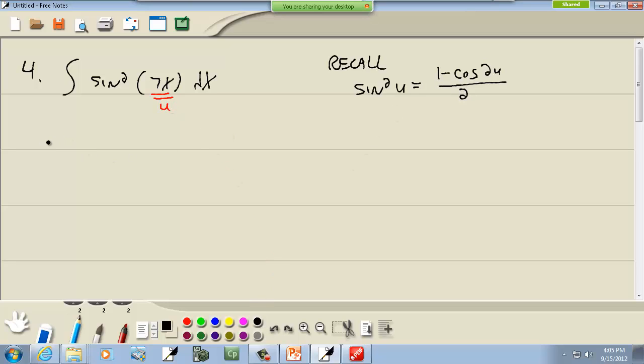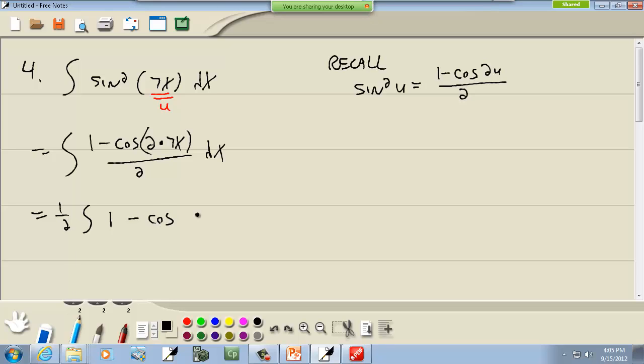And we got this formula, which means we can rewrite this as 1 minus cosine 2 times u, and u we just said was 7x, over 2 dx. That's our power reducing. Now this 2 down here is 1/2, so I can take that out in front. And we got 1 minus cosine of 14x dx.